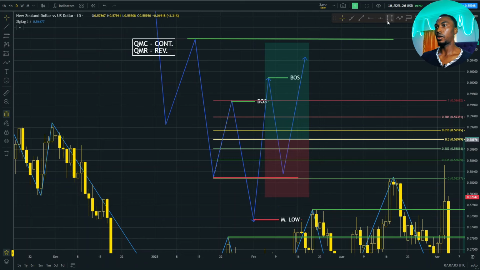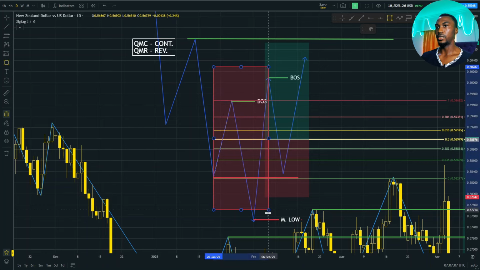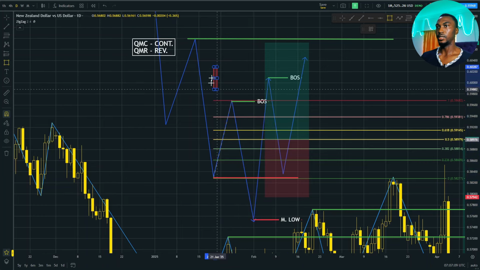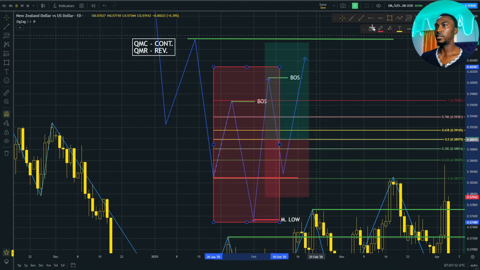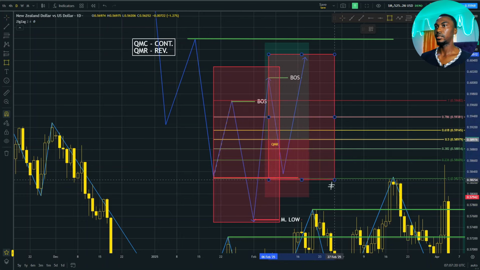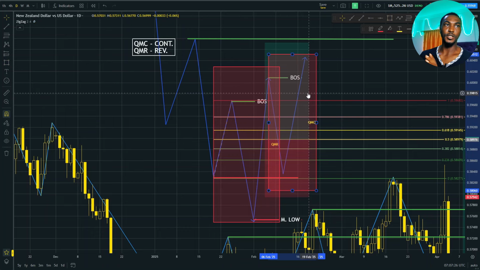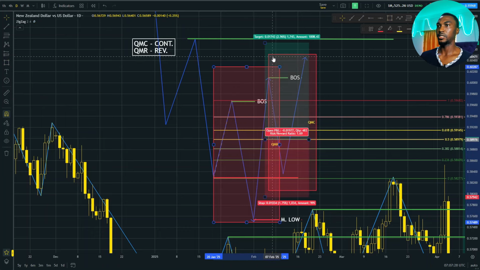Take note, all of this right here is called the QMR, and when this is added to it, it becomes a QMC. That's the first part of the entire strategy.